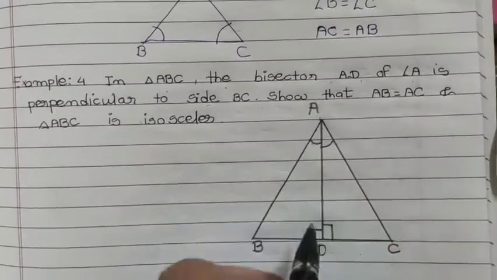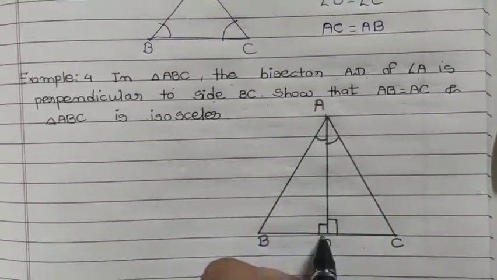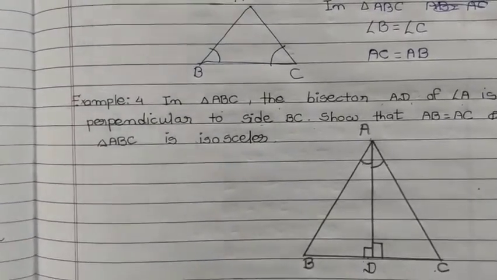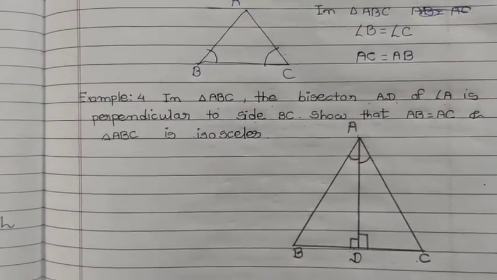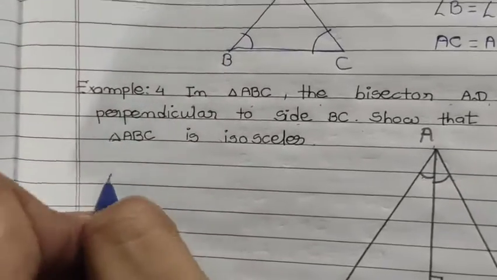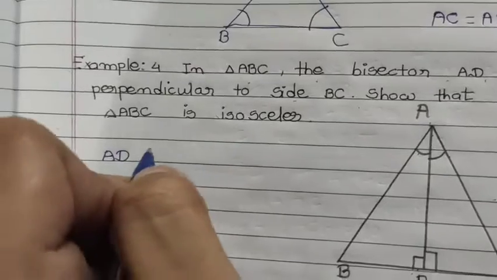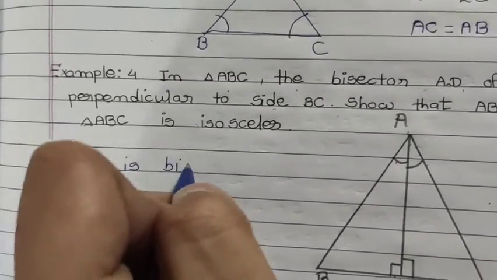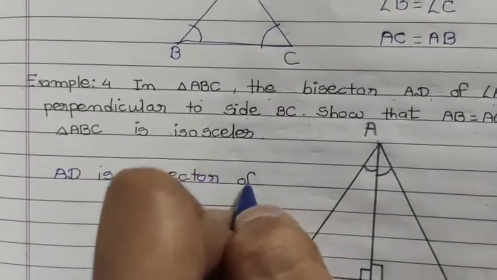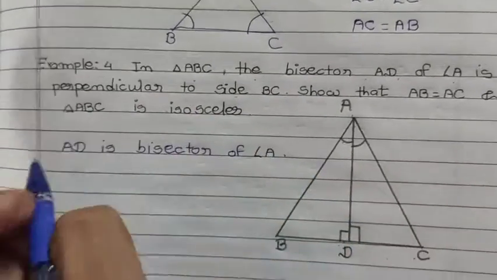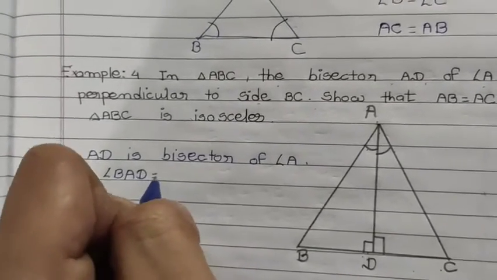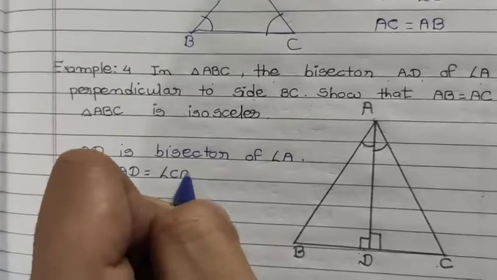We have to prove that the triangle is isosceles. First it is given that AD is the bisector of angle A. That means we can definitely write angle BAD is equal to angle CAD.